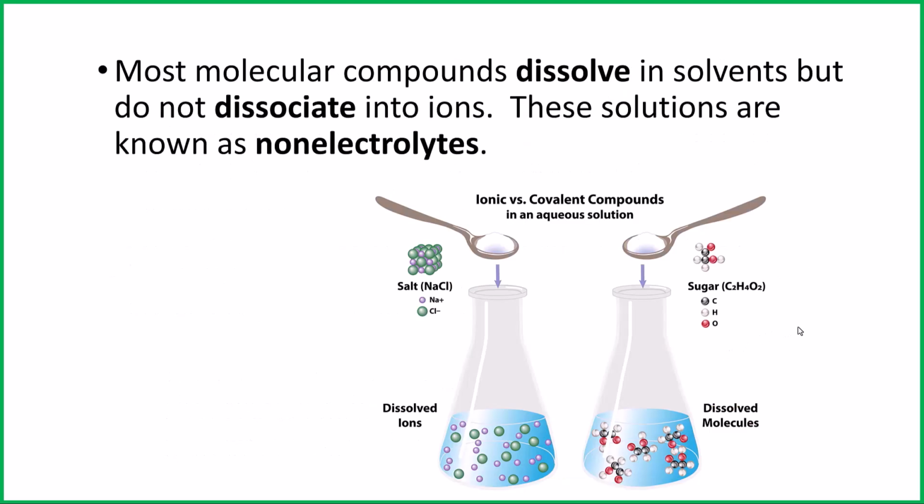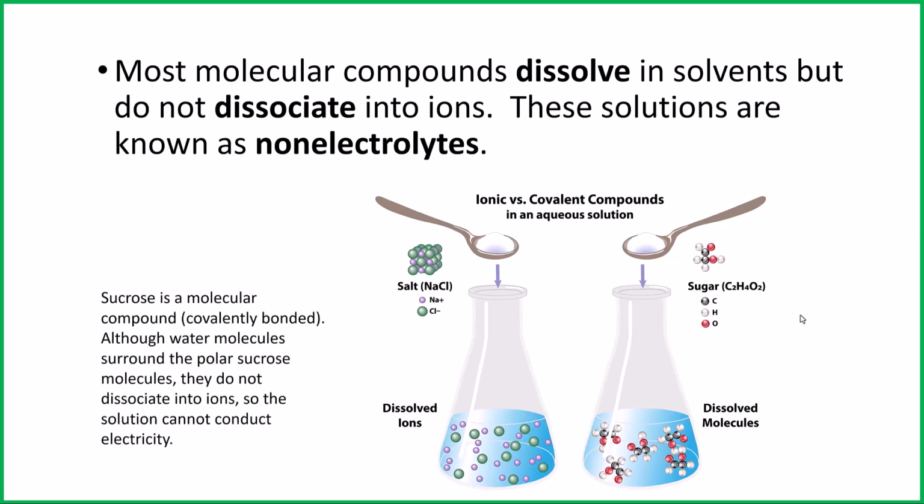Most molecular compounds dissolve in solvents, but do not dissociate into ions. These solutions are known as non-electrolytes. So here, sucrose or sugar is a molecular compound, so it's covalently bonded.